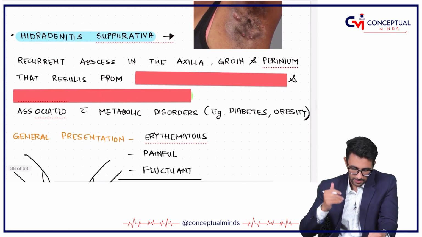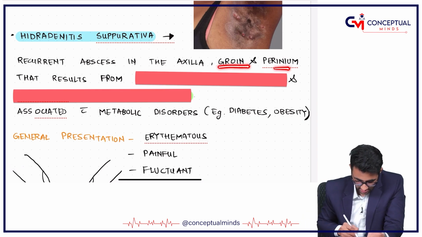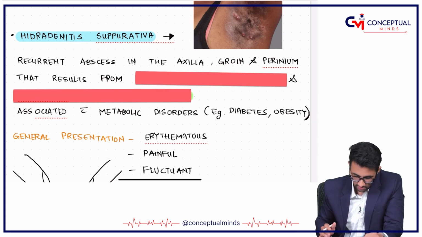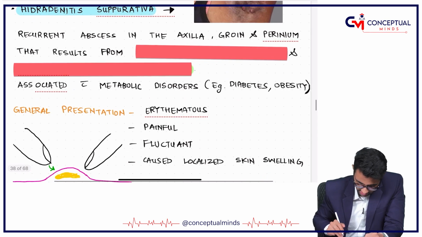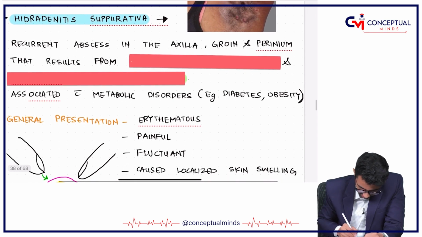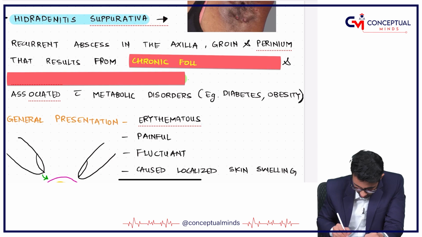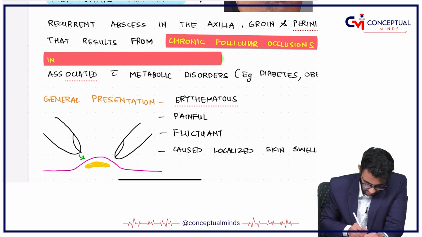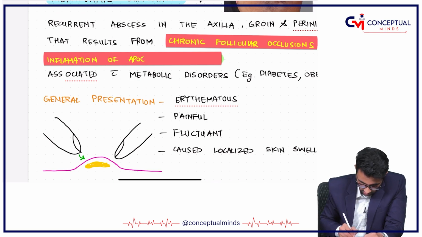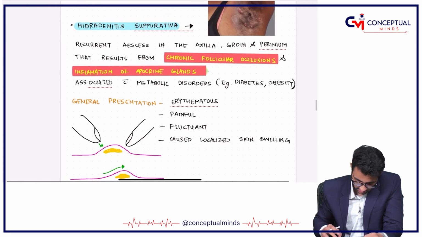Yes, so there is recurrent abscess formation in the axilla, groin and perineum that results from chronic follicular occlusions and inflammations of the apocrine glands.